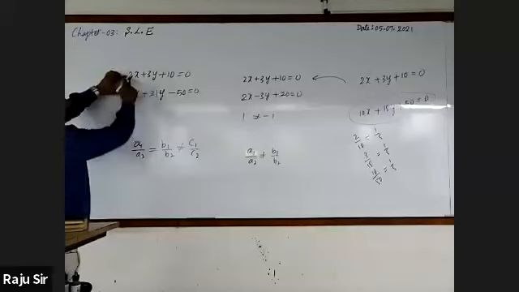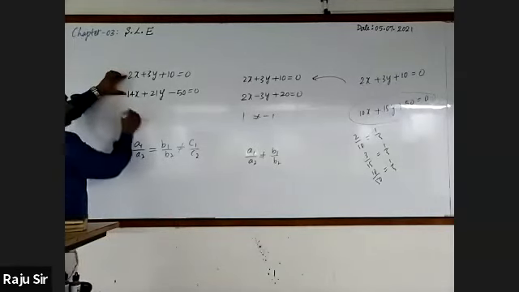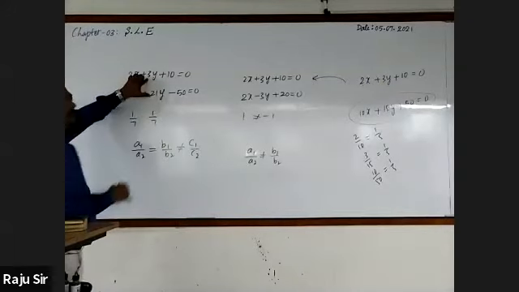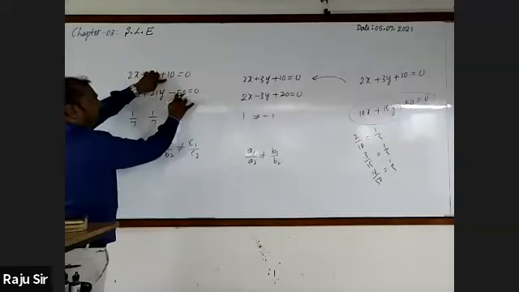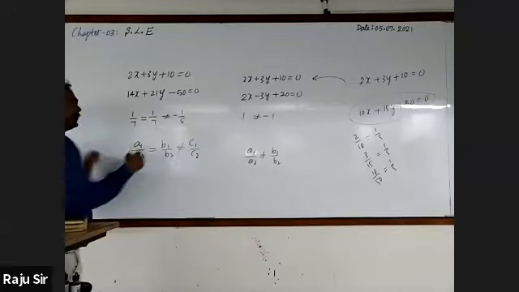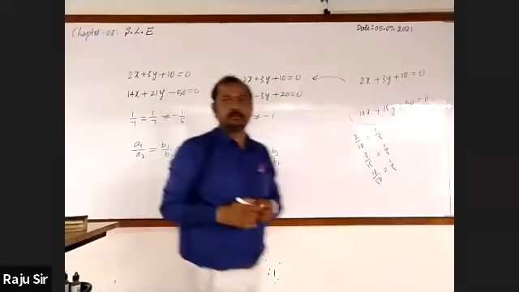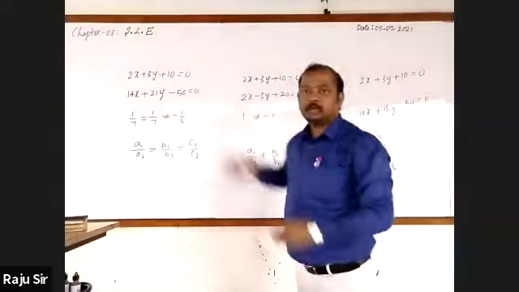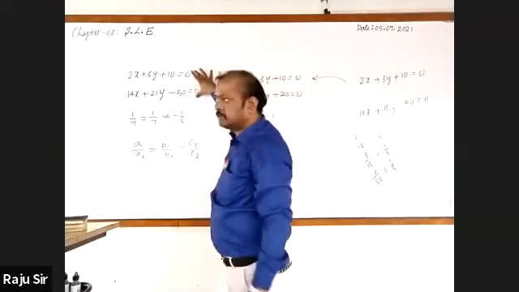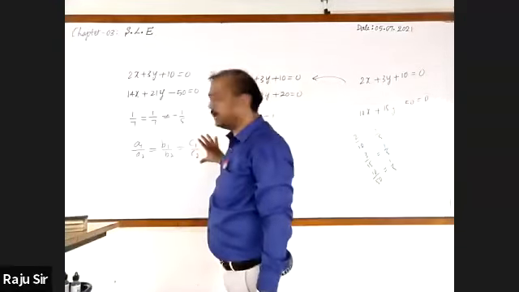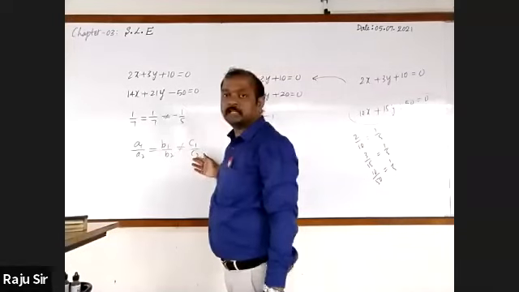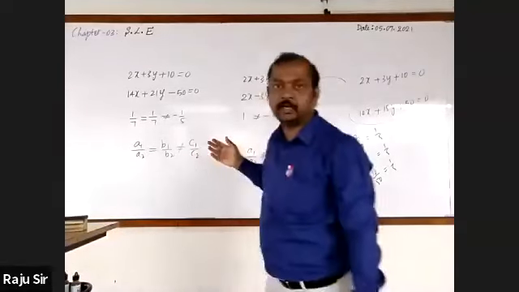Find out the ratio. 2 by 14 is 1 by 7. 3 by 21 is 1 by 7. 10 by minus 50 is minus 1 by 5. The first two ratios are equal, not equal to the third ratio. So now you can say that these are the equations which satisfy the no solution condition.